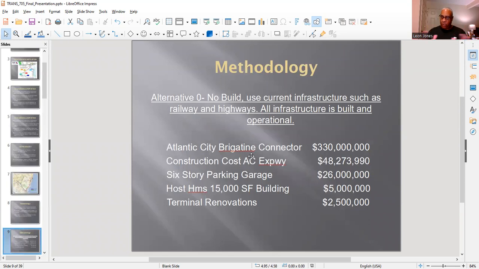Again, let me drop in a few numbers for you. With alternative zero, no build, we're going to use the current infrastructure. So here's what we have. We have the Brigantine Connector, 330 million, the Atlantic City Expressway, 48 million, six-story parking garage, a 15 square foot building, terminal renovations.